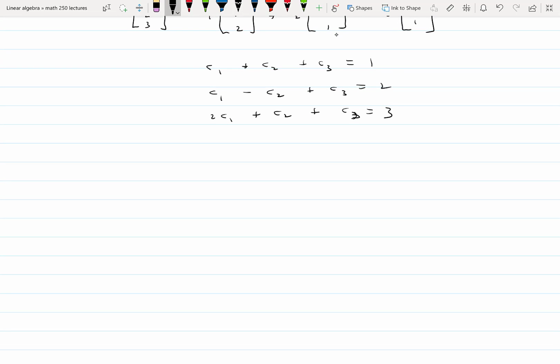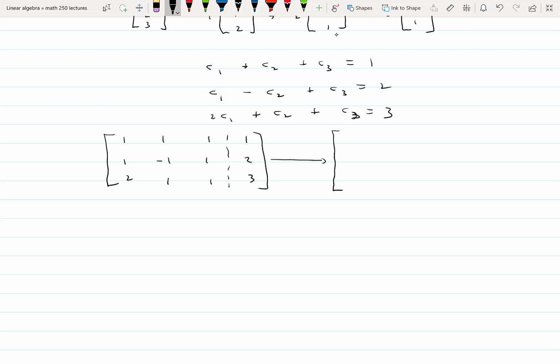So the procedure, you use the Gauss-Jordan elimination method. I'm going through this part very quickly because it's something we've done so often in this course. It's probably automatic to you right now.